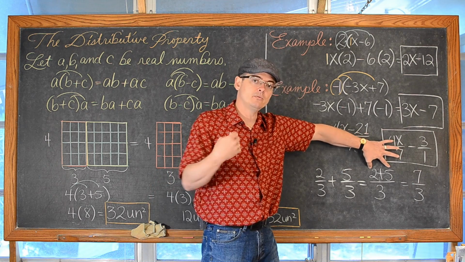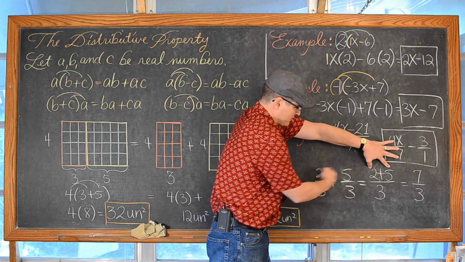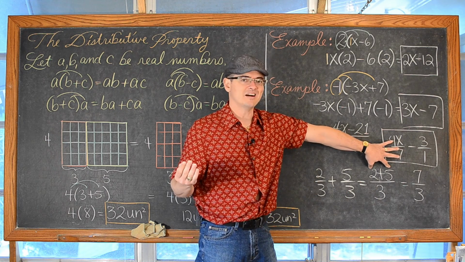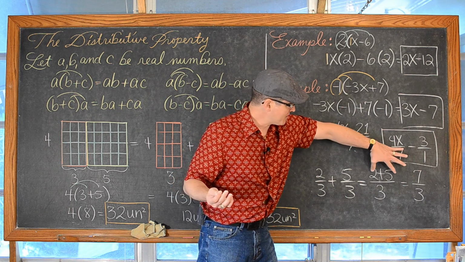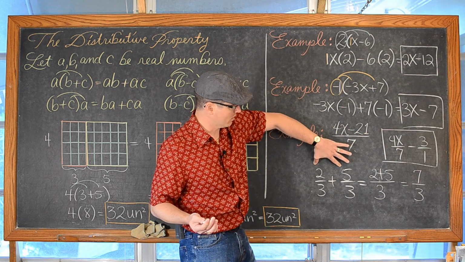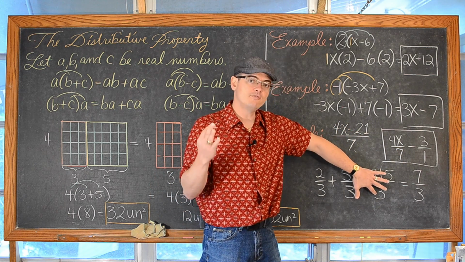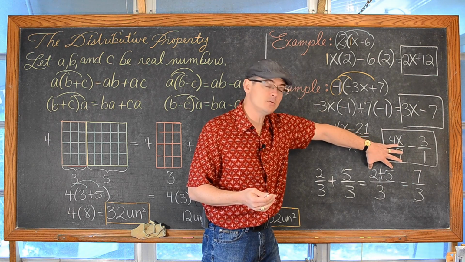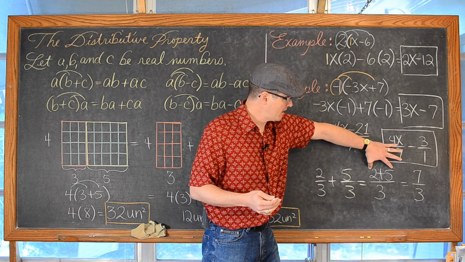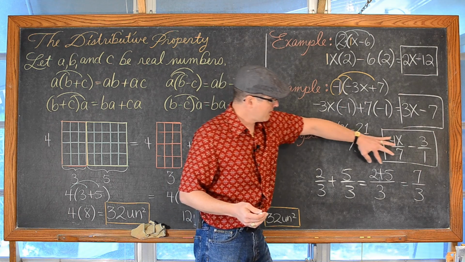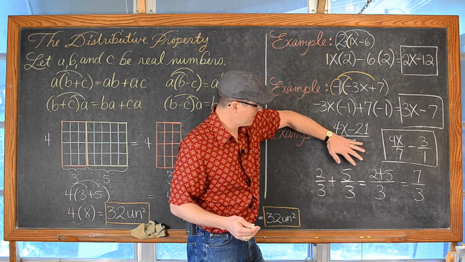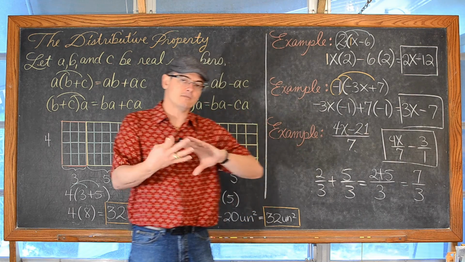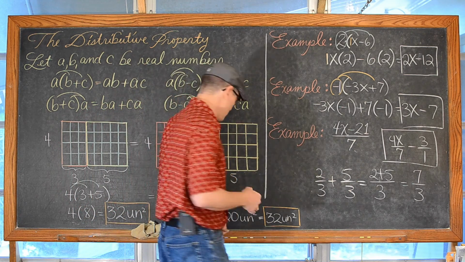If I have 2 over 3 plus 5 over 3, common denominators already, I add the tops together, and look, the 2 numerators that were in separate fractions are now in 1, and the common denominator I just copied. So going backwards, with one term in the denominator and 2 terms in the numerator, I can give each term its own denominator and do the reverse of adding fractions and pull them apart.